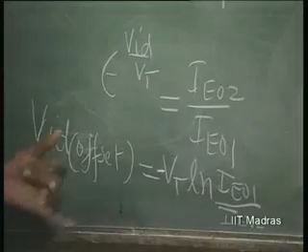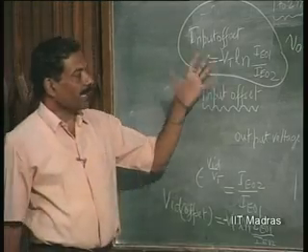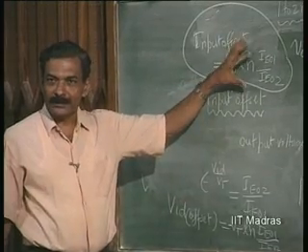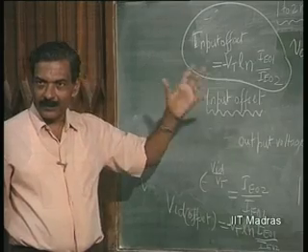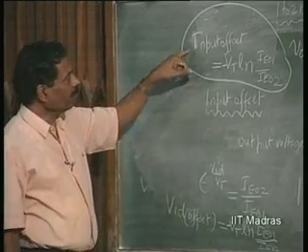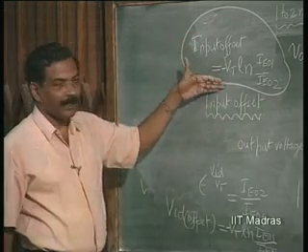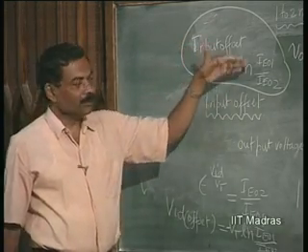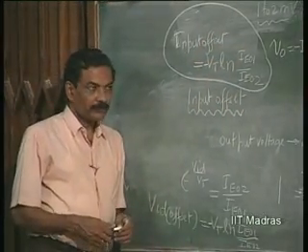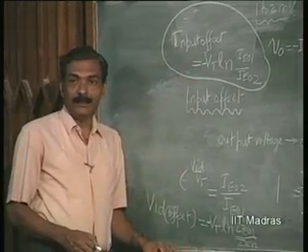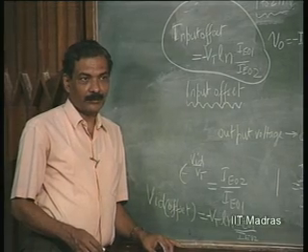The offset voltage can also be minus VT log IE01 by IE02, that only changes the sign, which is of no consequence, because we have not said which is really the input offset. So it can be plus or minus VT log IE01 by IE02. The typical value for BJTs of this input offset is 1 to 2 millivolts.